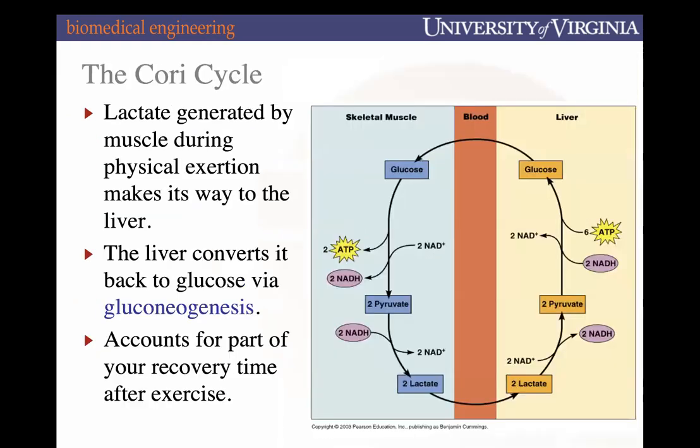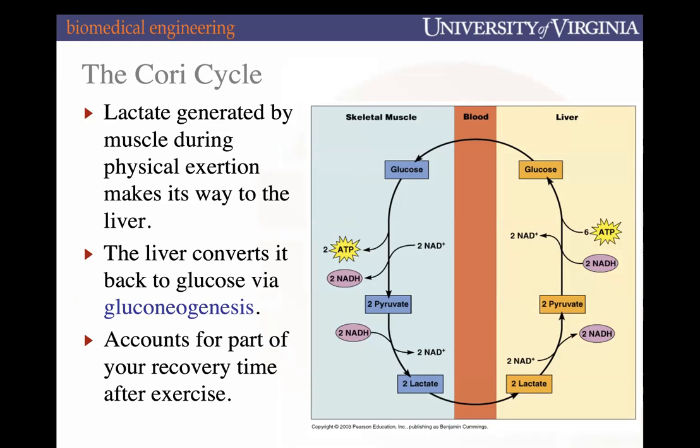Okay, so when we have the buildup of lactate in our skeletal muscle and cardiac muscle, there are transporters on our cells that shuttle lactate out. It's then transported via your bloodstream to your liver to be used as a substrate to produce glucose.